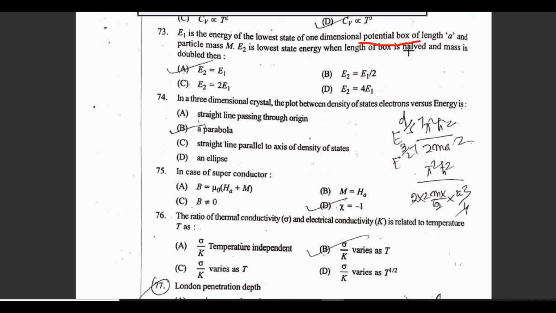But for asymmetric or symmetric, the formula of energy is the same. So we have to find the energies E1 and E2, then find the relationship, how they depend on each other.